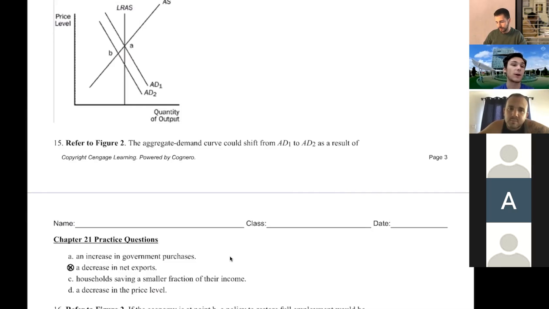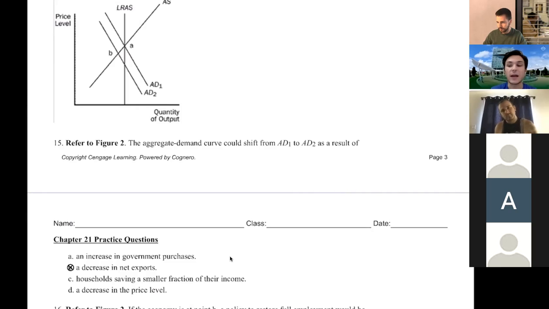Now, if the price level falls, and this is what the wealth effect talks about, the money that you have in hand goes further. Say you had $500 in hand and the average price of goods falls: you can buy more goods and services.